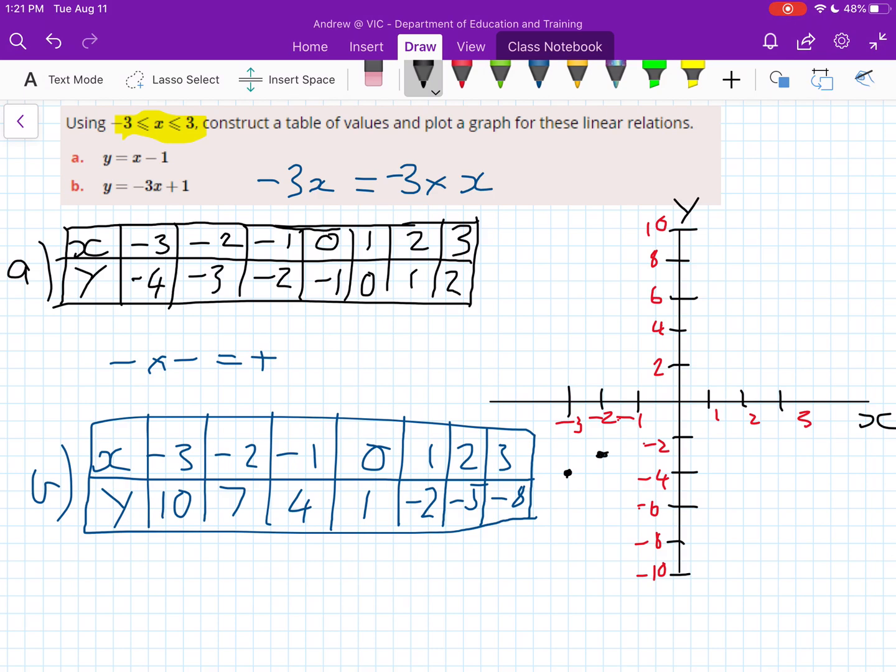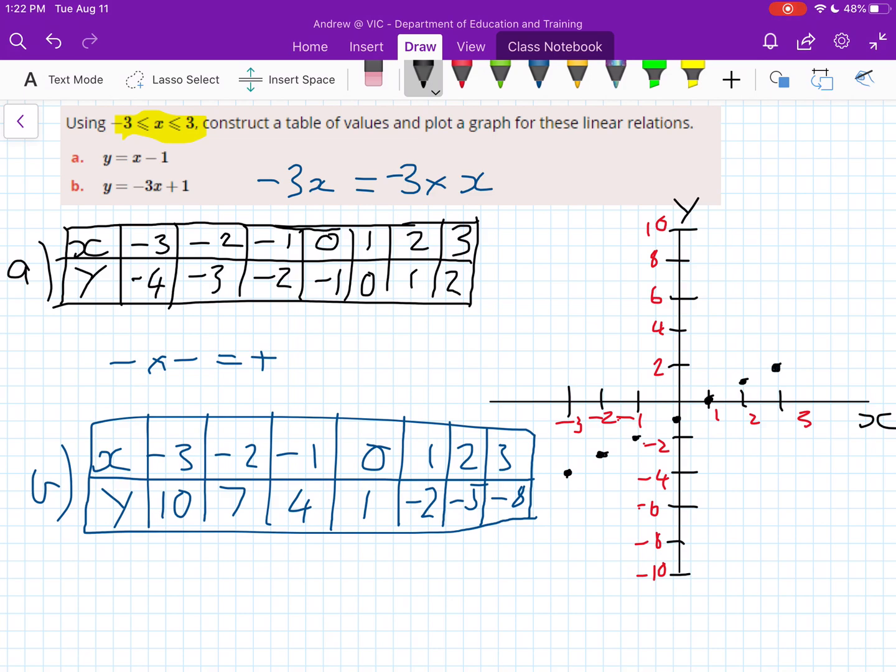We put a dot here, then x value -1, and so forth, and you'll see this just keeps going up by 1 each time. So 0 is -1, 1 is 0, 2 is 1, and 3 is 2.